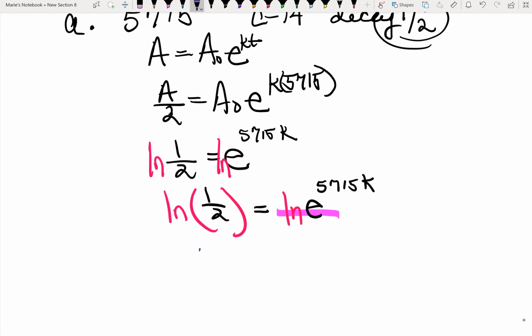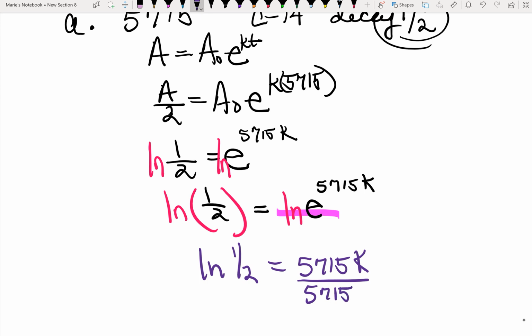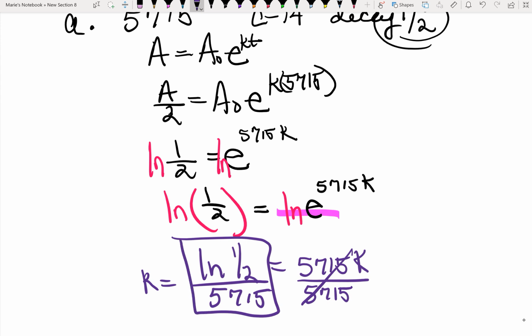This leaves natural log of 1/2 equal to 5,715k. To solve for k, simply divide by 5,715 on both sides. The only thing I can recommend on these types of questions is just follow the pattern and the process. This gives you negative 0.000121, and this is equal to your k value.